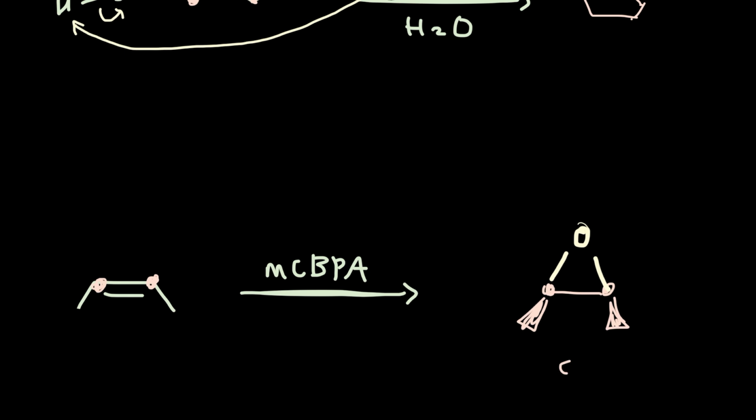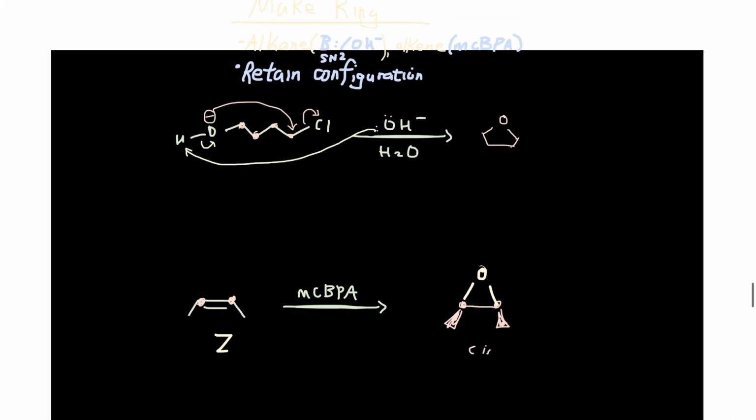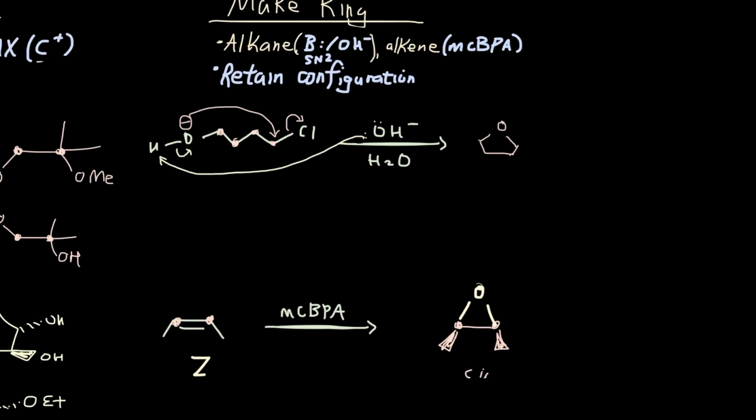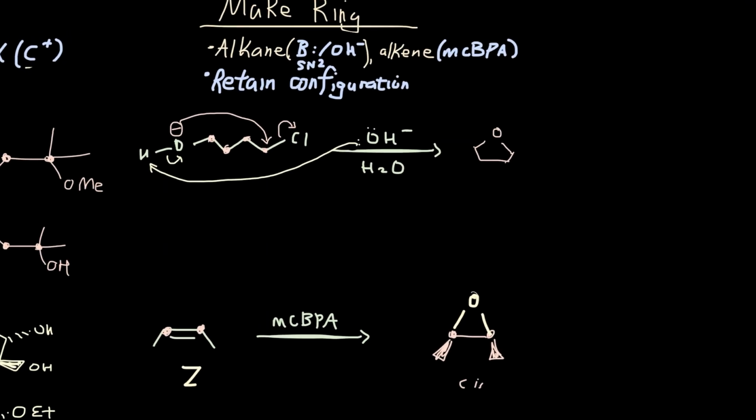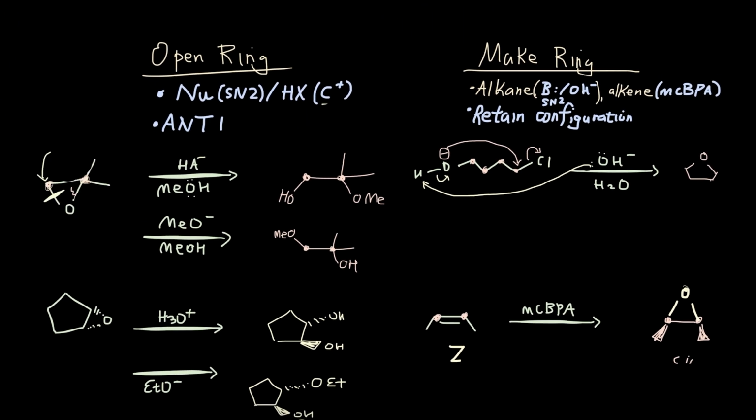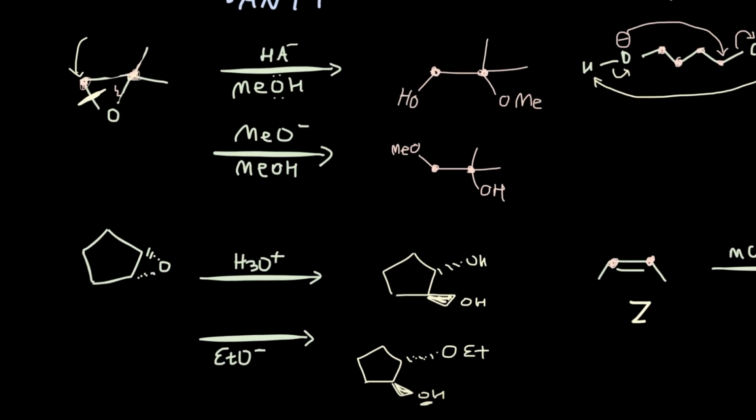This is cis because our reactant was in Z configuration. So when you're making an epoxide ring with an alkene, you use mCPBA unconditionally, and you retain the configuration. Okay. Whereas if you want to open a ring that was made from an alkene, you will get an anti product. That means a wedge and a dash.